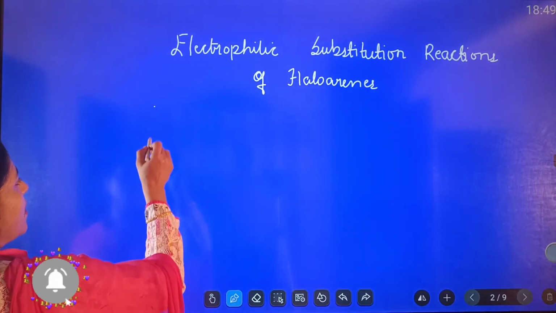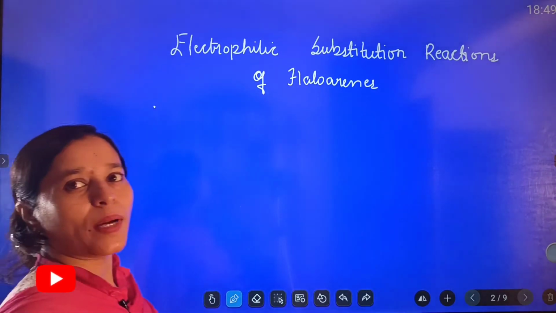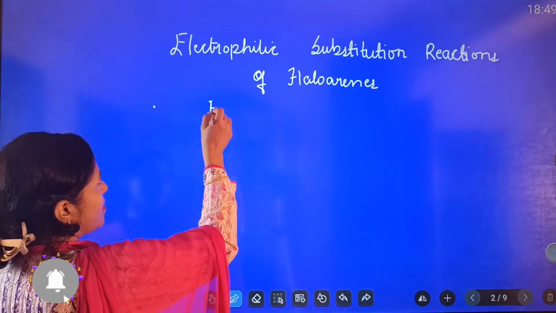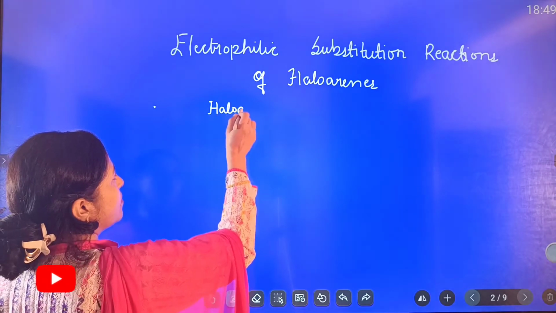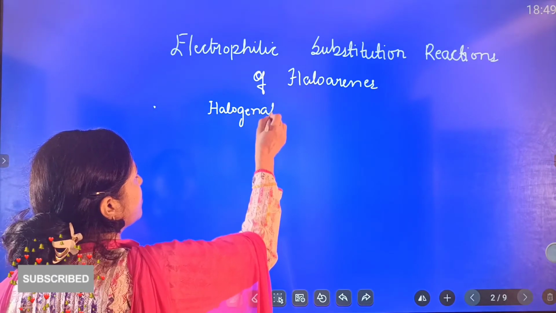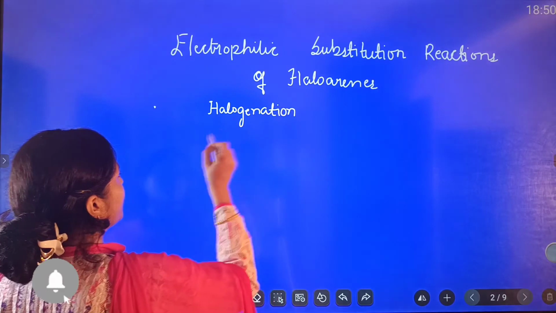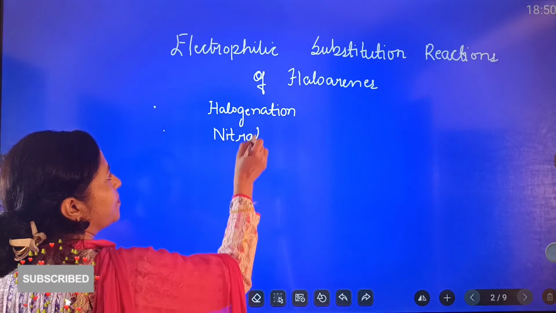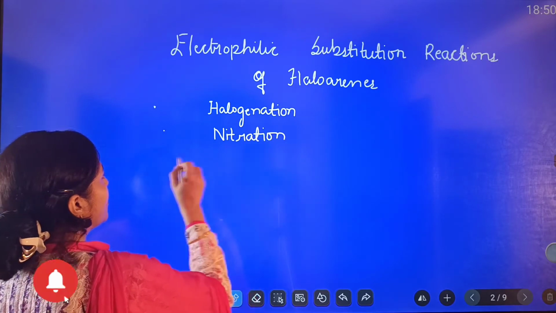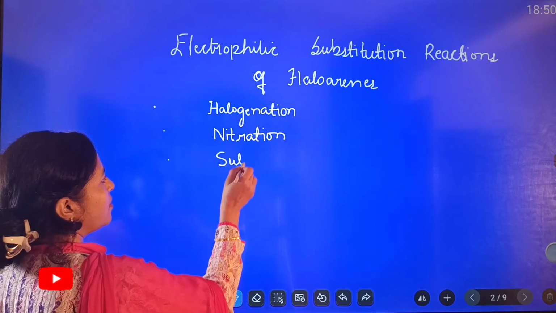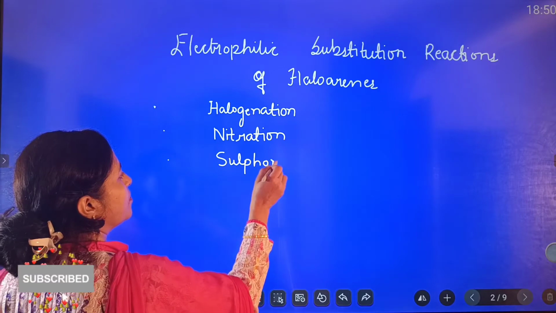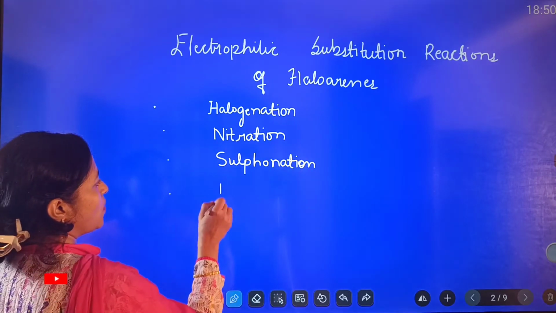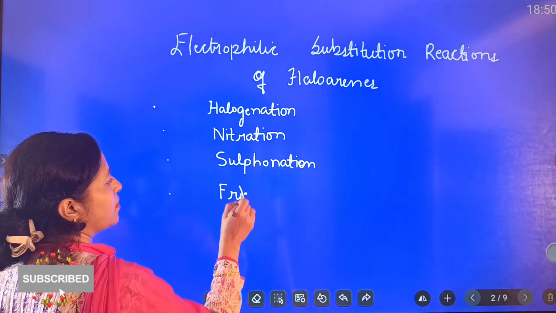Now we will be studying these reactions under two headings, that is, they include the processes halogenation, second one nitration, third one sulfonation, and the last one Friedel-Crafts reaction.